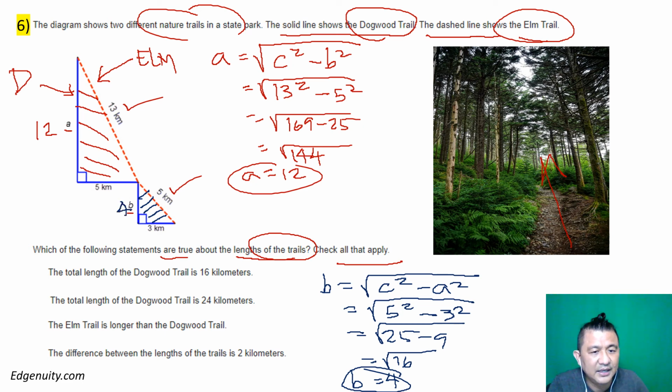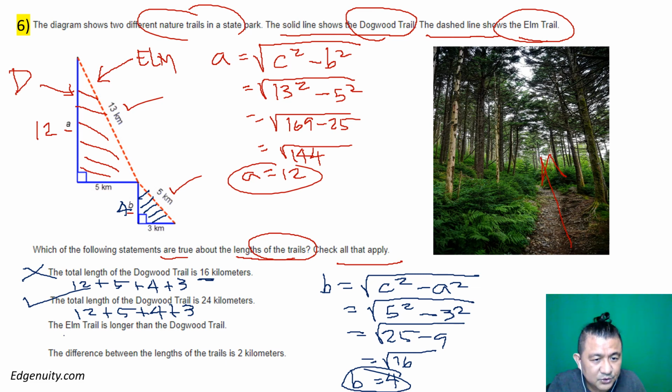Okay. So I can get the total length now. Oh, so that's going to be 12 plus 5 plus 4 plus 3 is not 16. Wrong. So let's do that again. 12 plus 5 is 17. Plus 4 is 21. Plus 3, 24. That makes sense.